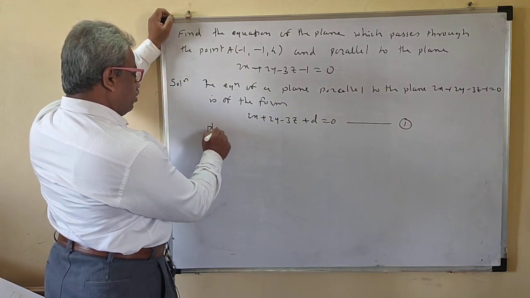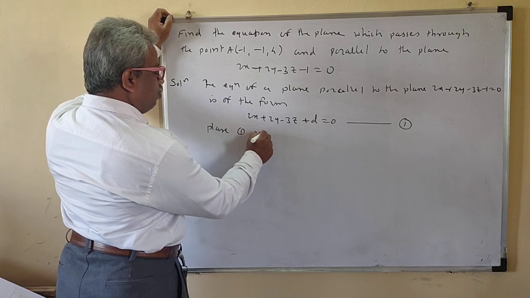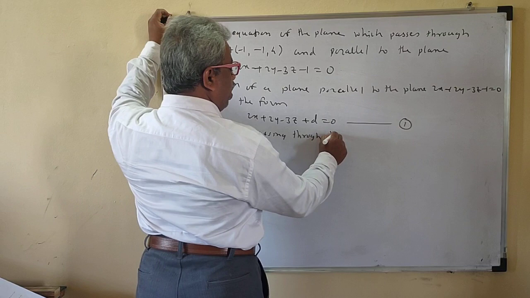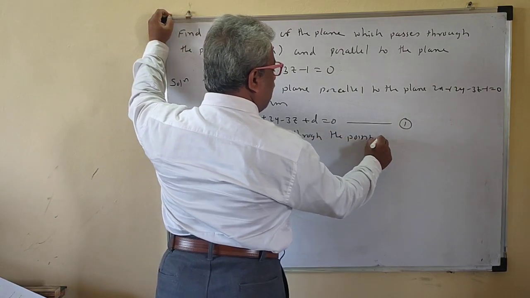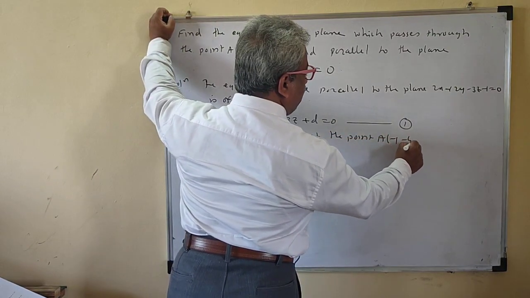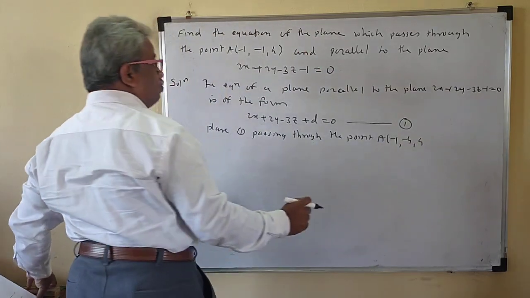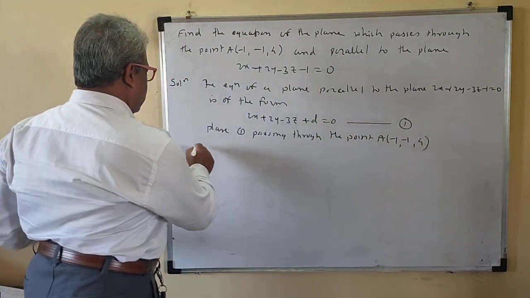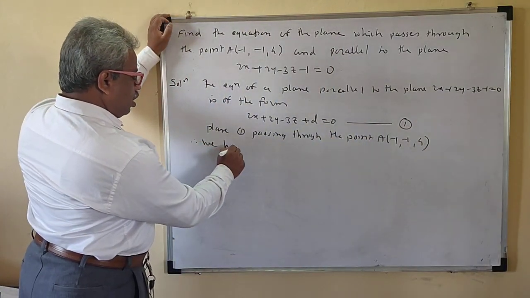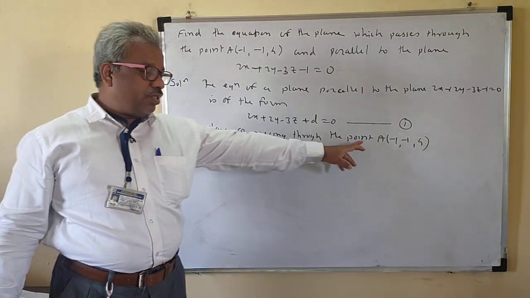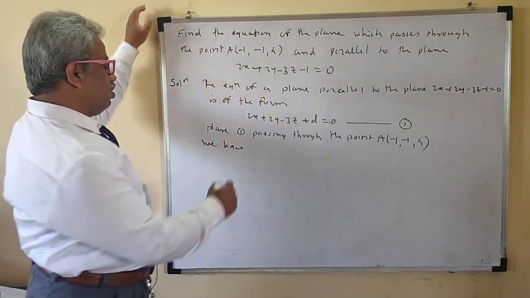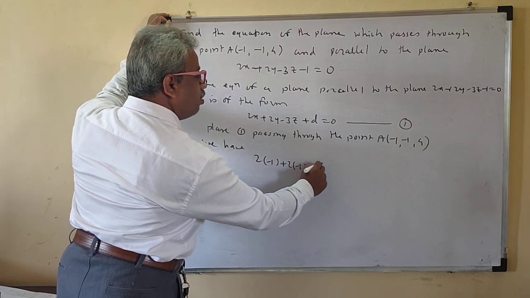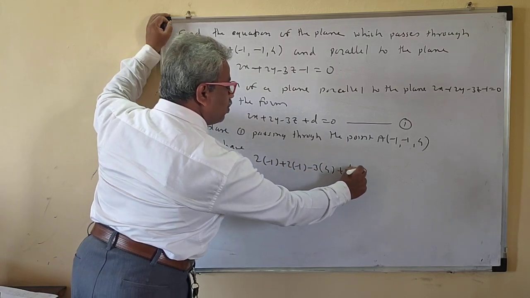The plane is passing through the point A(2, -1, 4). Therefore we put the values of x, y, z: 2 into 2 plus 2 into minus 1 minus 3 into 4 plus d is equal to 0.